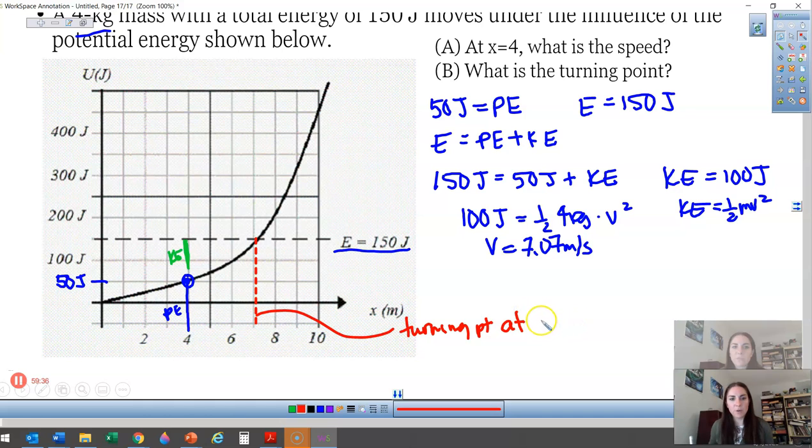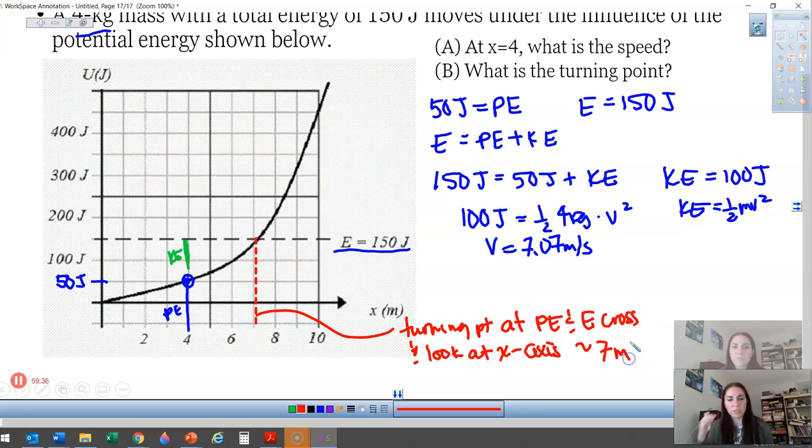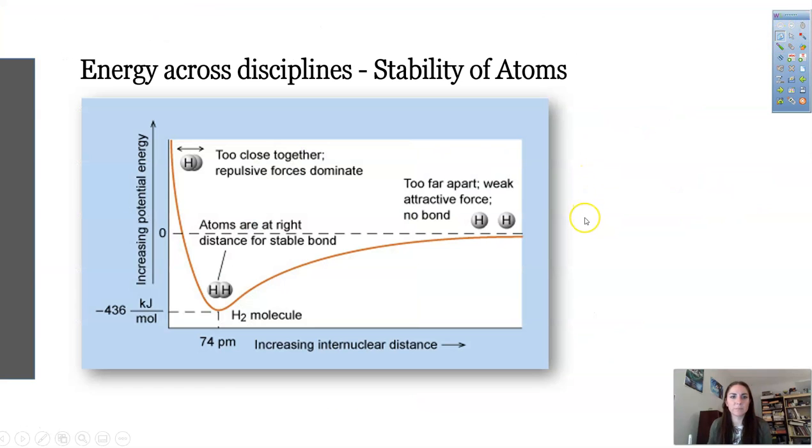So it's at where the PE and E cross, basically. And look at x-axis. So it's about 7 meters, give or take. When you read graphs, as long as they're close to the values that seem reasonable, I give you full credit, because clearly you're reading the graph, so it can be slightly off when you read graphs.